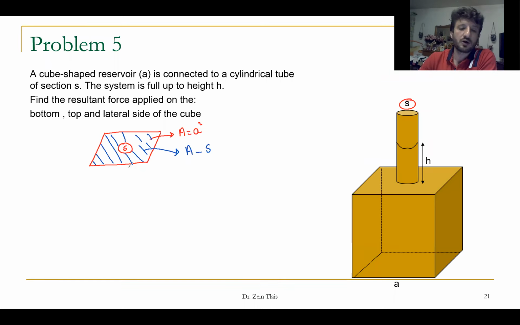First of all, on this wall, as we have a horizontal plane, P at any point is constant.